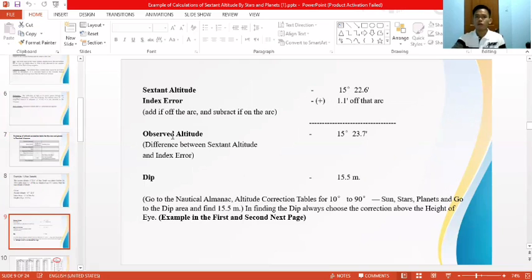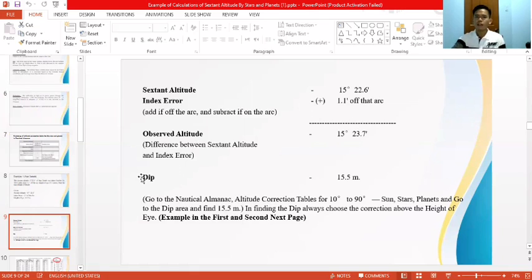The observed altitude is 15 degrees and 23.7 minutes, the total of the sextant altitude and the index error, because it is off the arc.